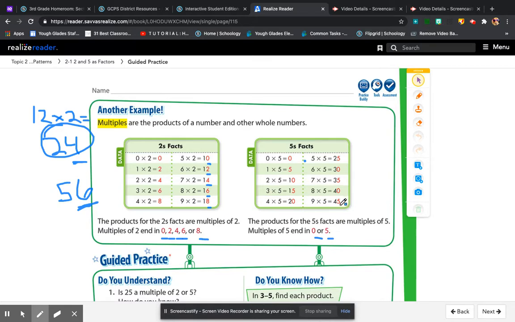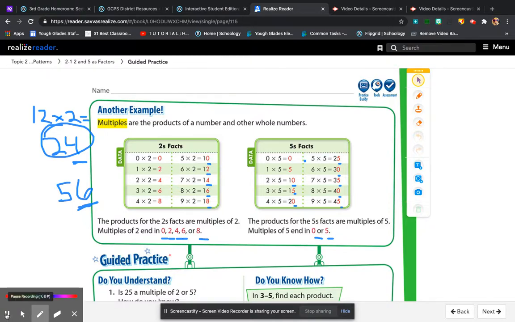Like 50, 55, 60, 65, 70. They all end in a 0 or 5. Pay attention here to the ones place. If it has a 0 or a 5, it is a multiple of 5.